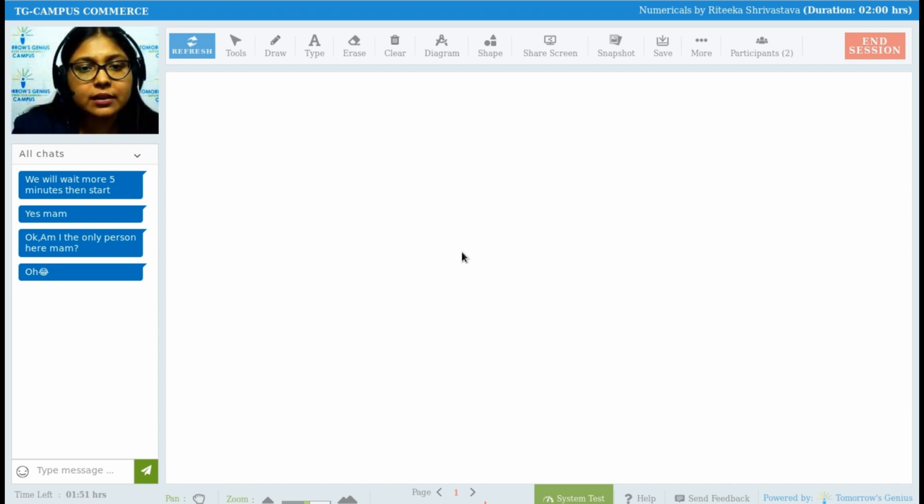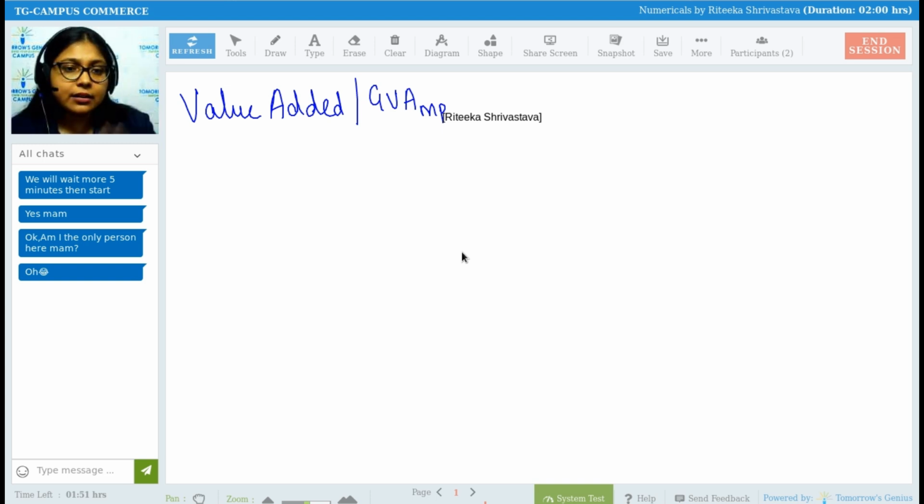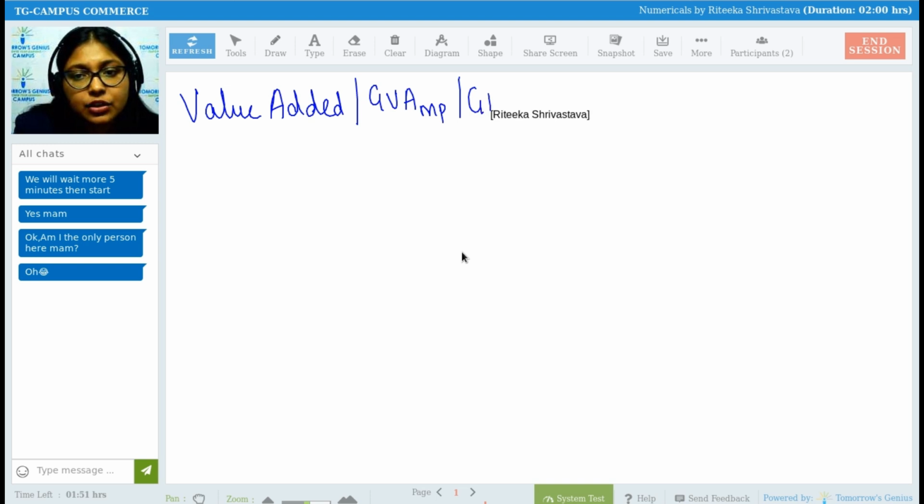Okay. First method under national income was the value added method, and the aggregate of the value added method is GVA at MP. The alternative aggregate for the value added method is GDP at MP.